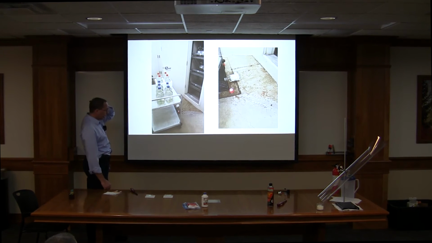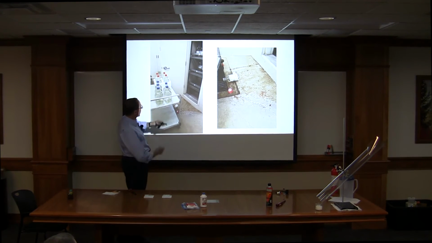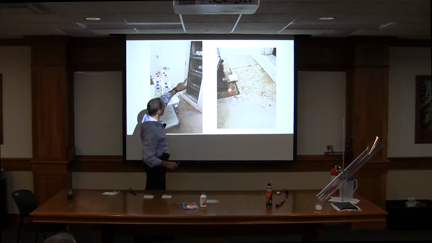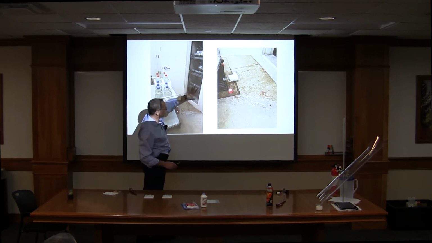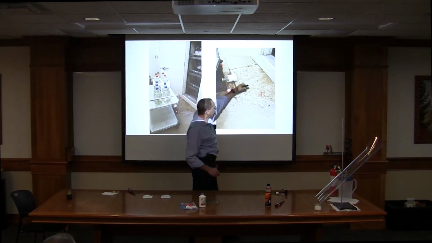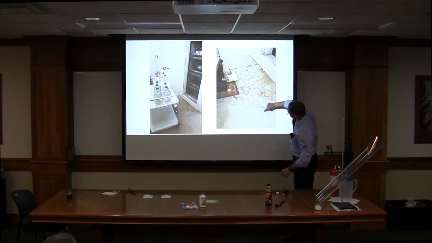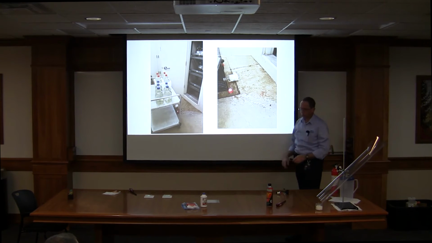Here's another example we had. This one was over in the Nichols building. An individual was taking bottles of acid, in this case nitric acid, off the cart and putting them into this storage shelf here. One of them dropped and landed here on the floor and broke. Now these little runners that you see here, those are not splash marks.